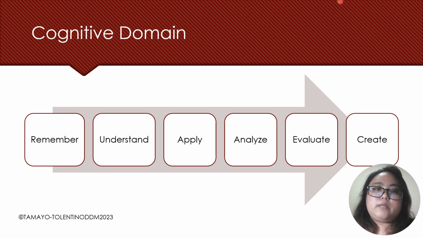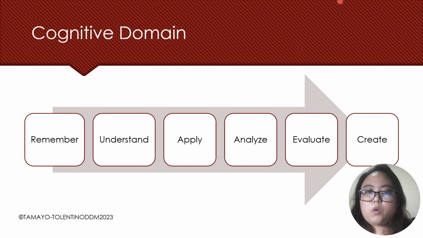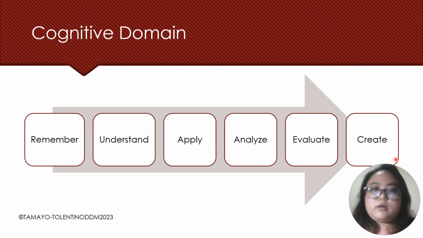Evaluate is making judgments based on criteria. For example, critique or assess. And at the highest level is create. It's putting the elements together to form a coherent or functional whole, or to reorganize elements into a new pattern or structure.